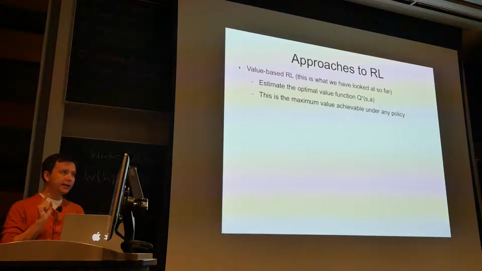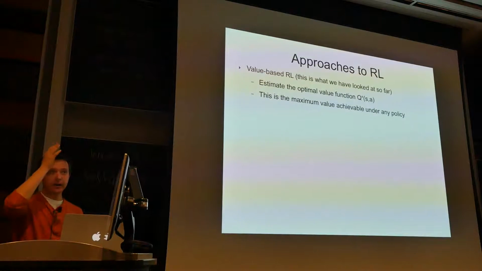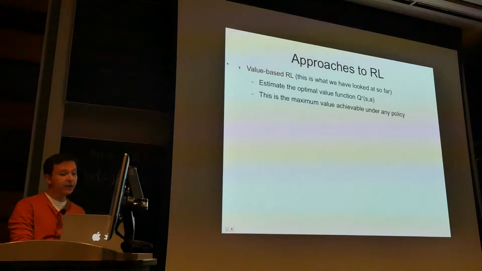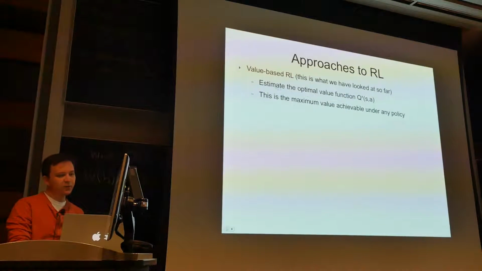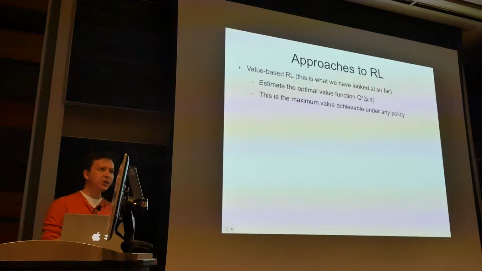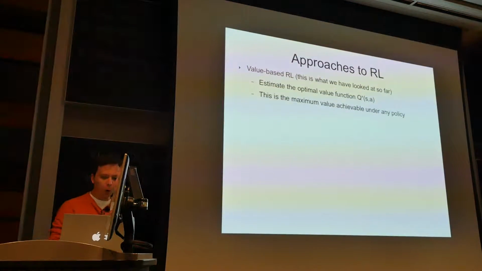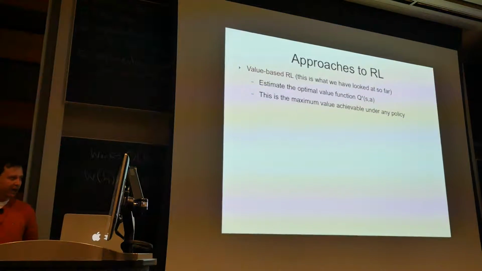Okay, now, let's look at approaches to doing reinforcement learning. So far, in most of our classes, we've looked at value-based reinforcement learning. So for example, we were trying to look at the optimal value function Q. And remember, we've looked at Monte Carlo estimates, TD learning, and so forth. All of these approaches are trying to estimate the Q function or the value function.